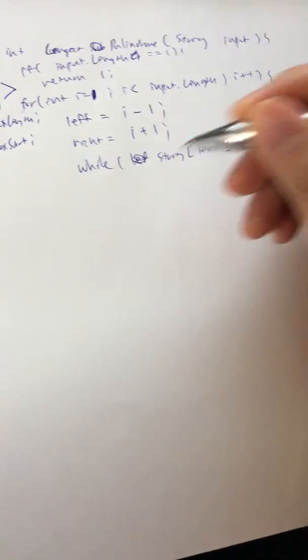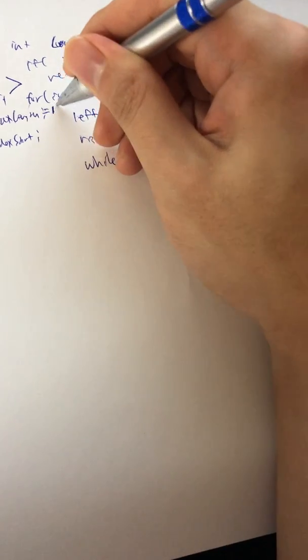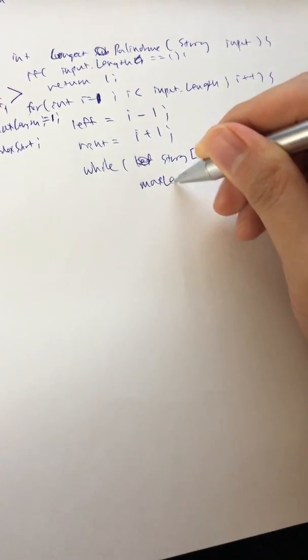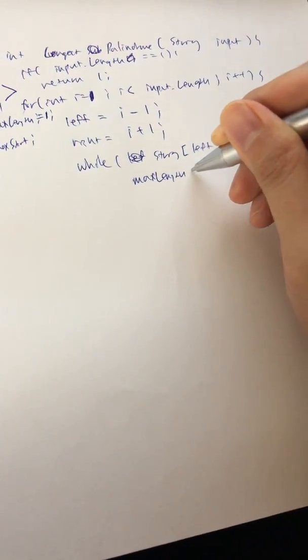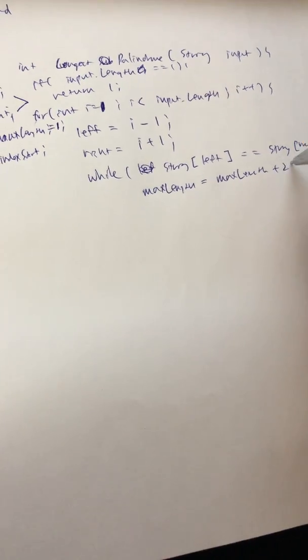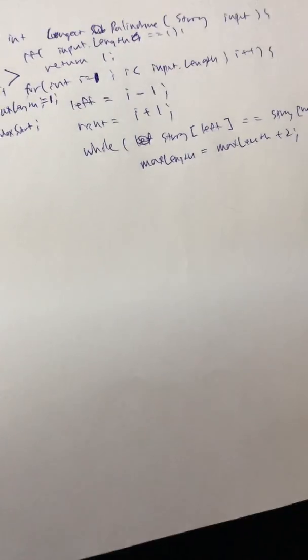So while they're the same, I'm going to increase max length: max length is equal to max length plus 2. Because it's a palindrome, it's going to increase by 2, right?